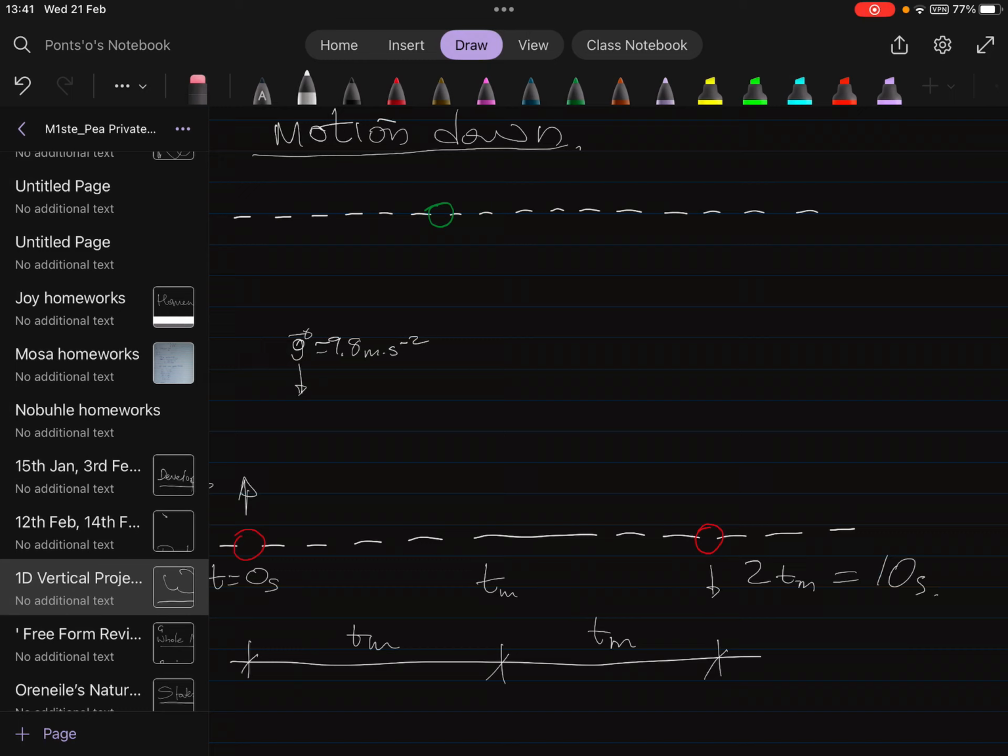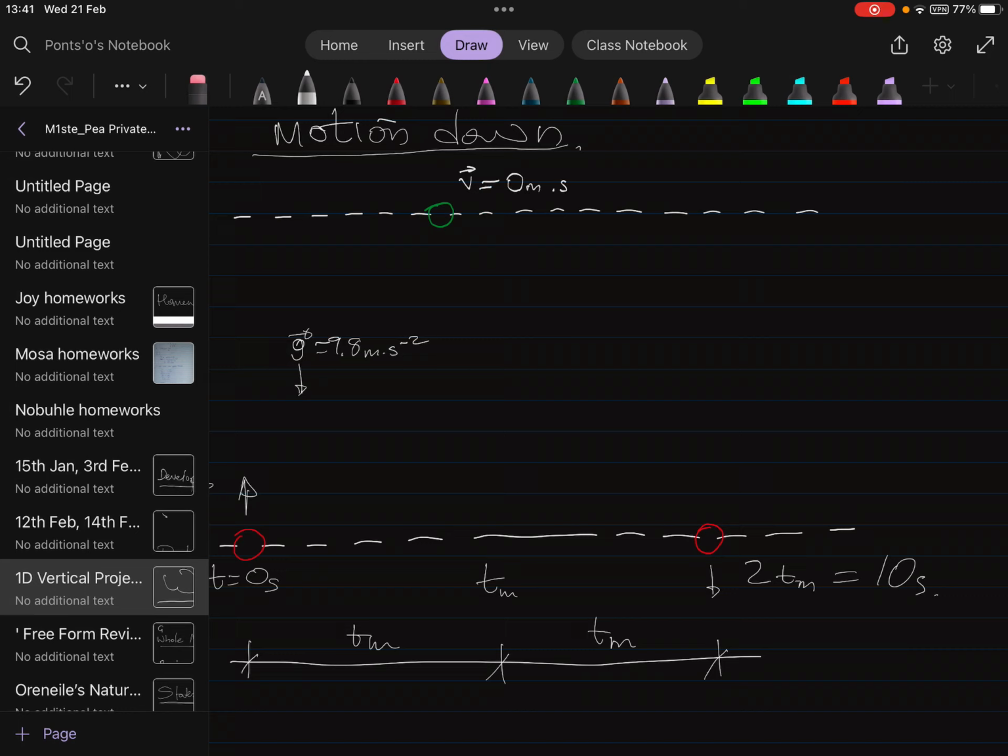And this is what equals 10 seconds. Okay, so at least we know that. So tm could be 5 seconds. We don't know, could be. But let's not go there for now.